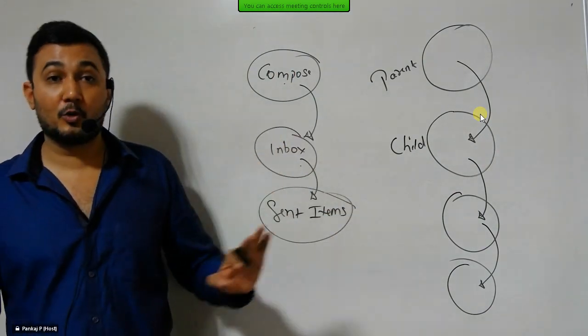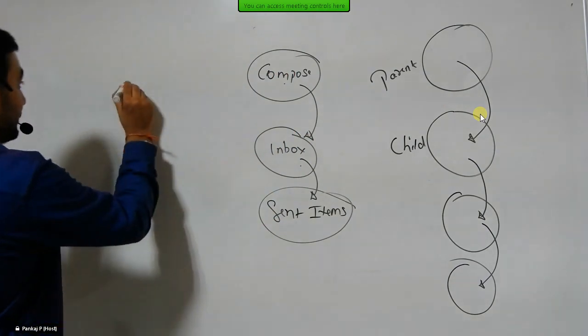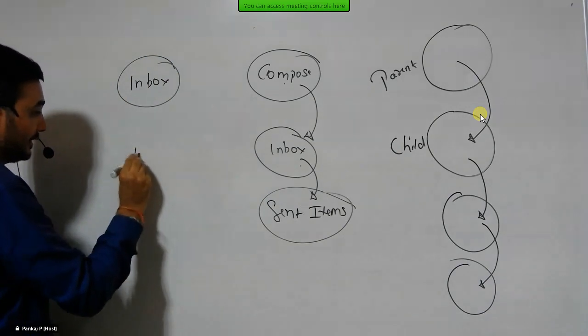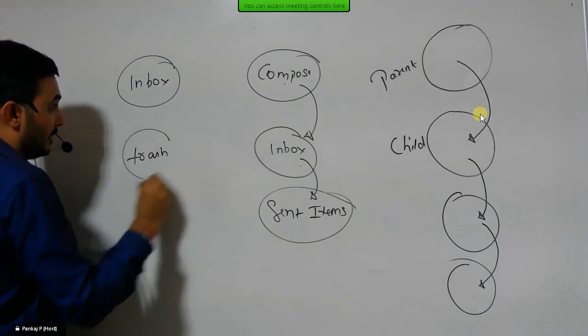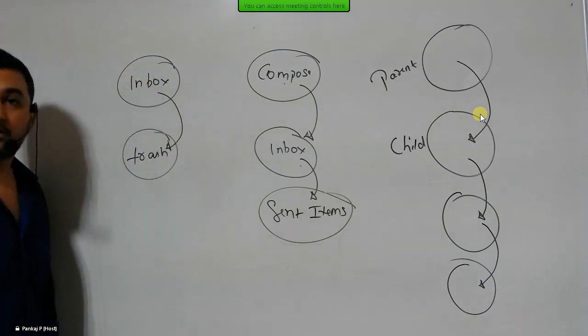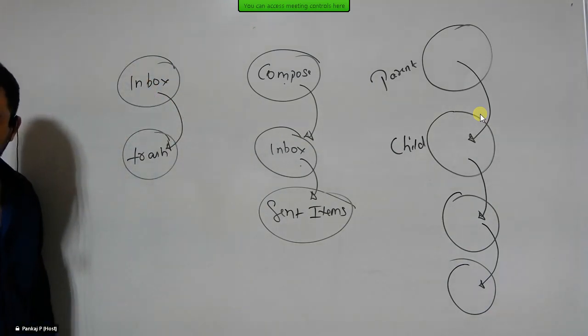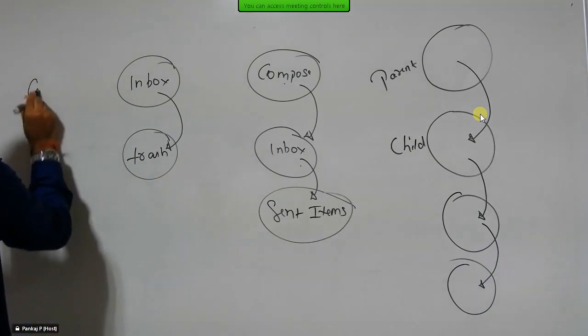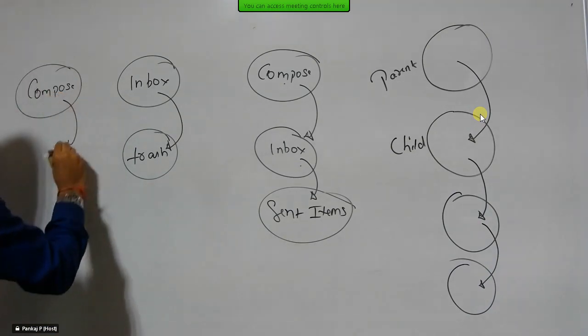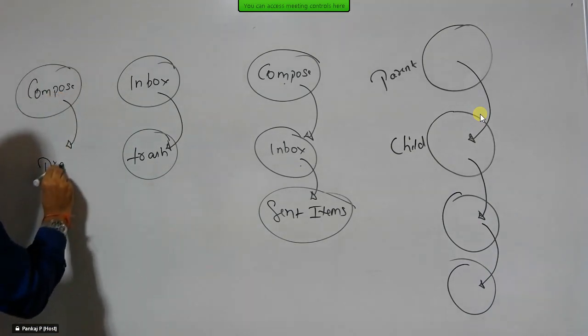In simple terms, parent feature to child feature data flow is called as what? Top down approach, right? For example, you go to inbox, delete an email that's present in trash. Data flow is happening from inbox to what? Did you get this now? Yes, sure. You compose an email, after composing that email, save it, and the data flow happens from compose to draft.